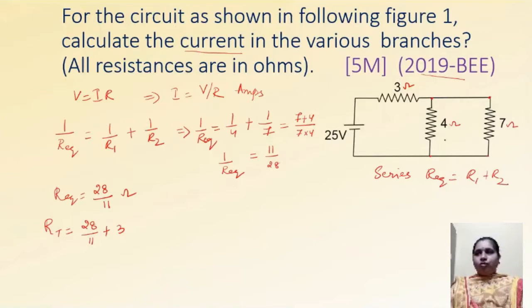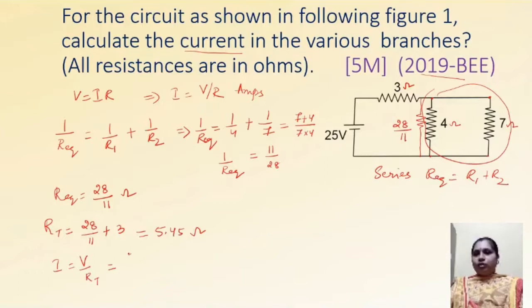When you solve this, you get a single resistor. Now this resistor and this resistor are in series, so you use R1 plus R2. The value of total resistance is 5.45 ohms. Next, current I equals V by R total.